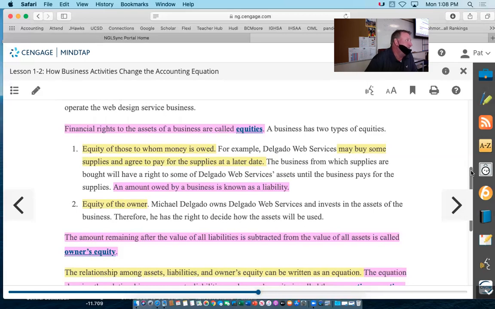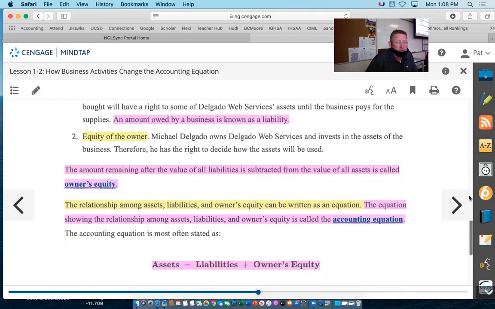That makes sense? That's his sweat equity, the money he put in. So the amount remaining after the liabilities are subtracted from the assets is called owner's equity. And it's just what you did last time. What was that? That was called net worth, right? On that problem. You guys did 2 of those.